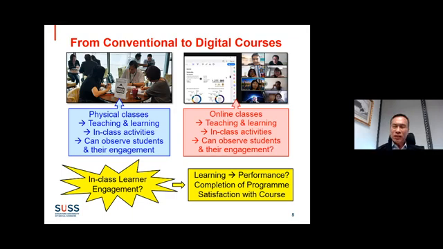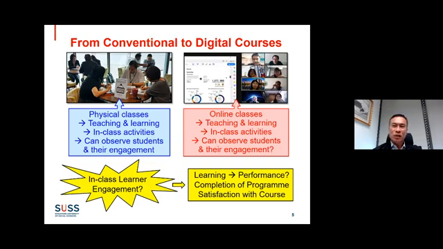Well, a more fundamental question is, why are we interested in learner engagement or student engagement? We're interested in learner engagement because past studies have shown very convincingly that learner engagement is significantly associated with learning and performance, with the completion of program and with course satisfaction.